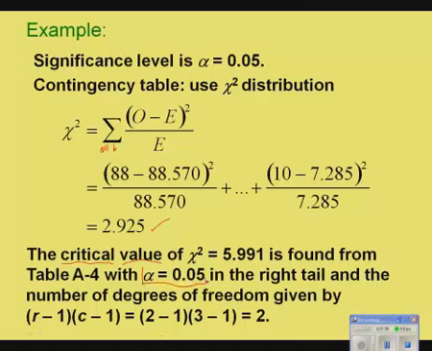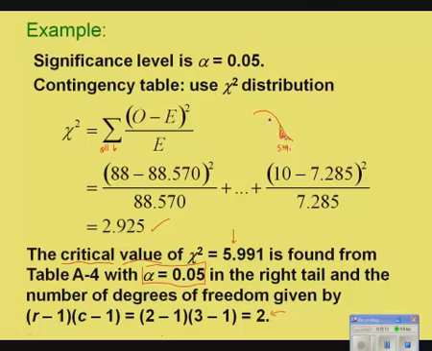Well, they say, look, we know alpha is 0.05. And they say, okay, number of degrees of freedom, do R minus 1 times C minus 1. That's going to be 2. So if you look up on that chart, degrees of freedom is 2. Alpha 0.05, you'll find that this is your critical value. So what do you think? Do we reject the null hypothesis or fail to reject? Fail to reject, right? We're not far enough. Here's 5.991.